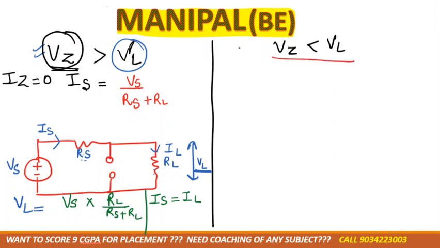Now back to the next case, if Vz is less than VL. If Vz is less, then in that case there must be some amount of current flowing. Right? So in this case I am drawing the diagram again.